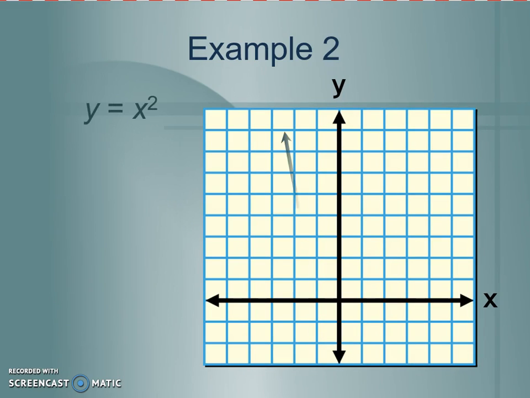Example 2 says graph the function y equals x squared, y equals x squared plus 2, and y equals x squared minus 3. Well, we've already done y equals x squared. That was the last graph we just did.